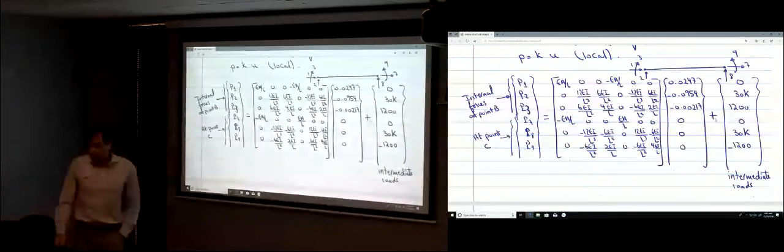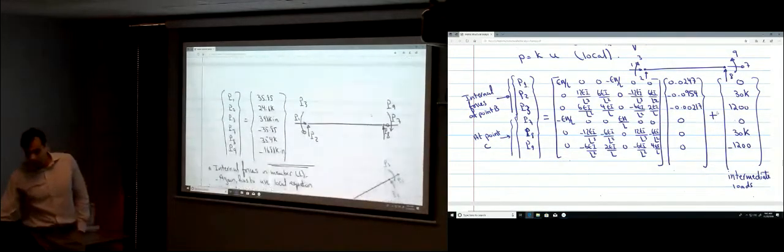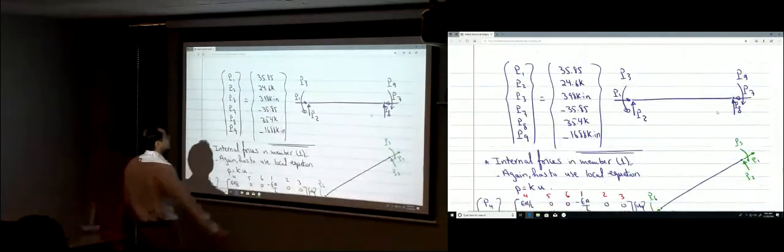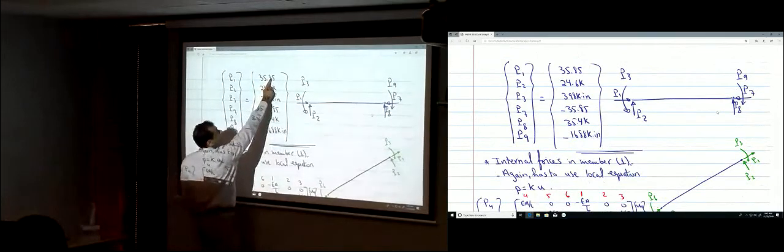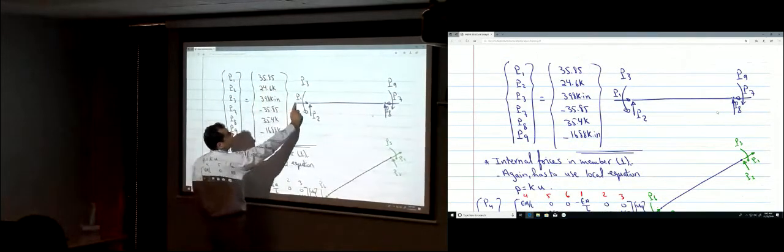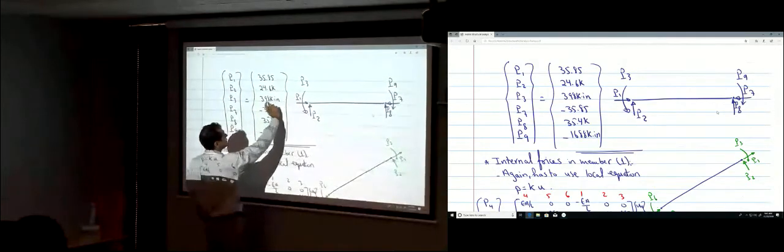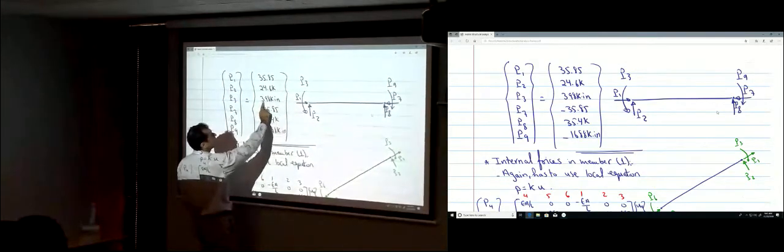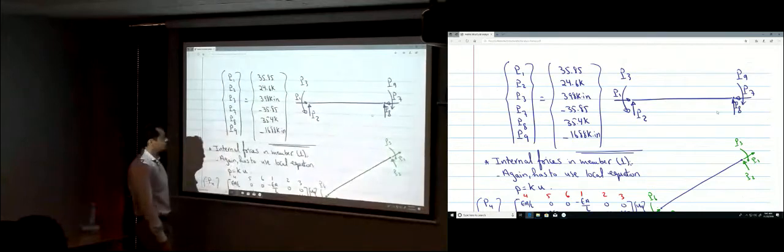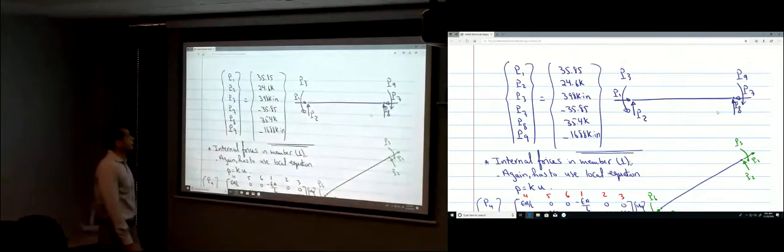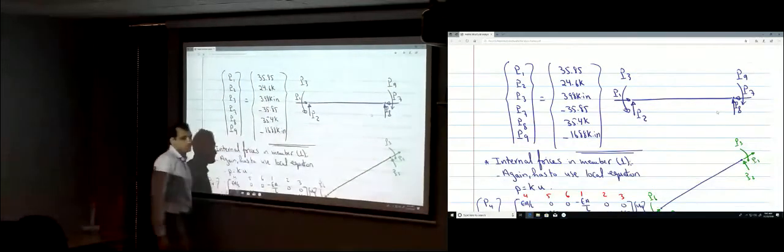So solving this, those are the forces that we found. This is the normal force. It's compression, 24.7. Positive, so that's positive shear. The moment is 398 kips inch. Dividing by 12, you can find it in kips feet.